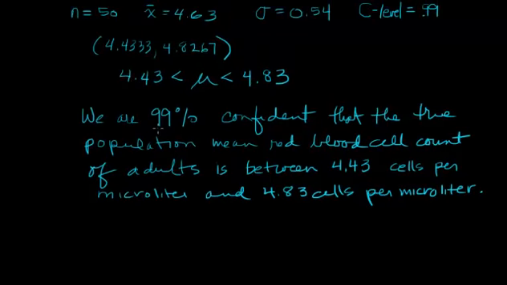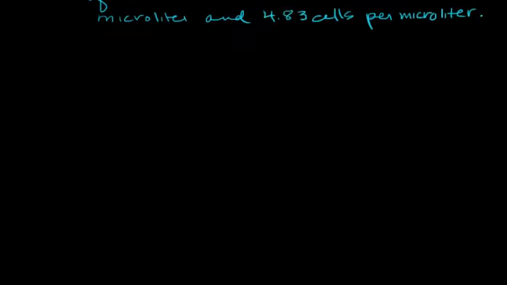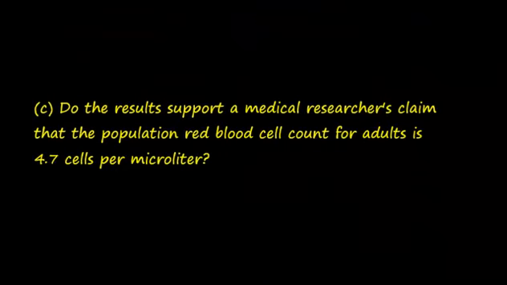What we're saying here is we're 99% confident that the true mean is in here. So 4.7 would be in our interval and could very well be the population mean. Since we're just saying it's somewhere in here and the researcher's saying they believe it is 4.7, then our research would support this researcher.